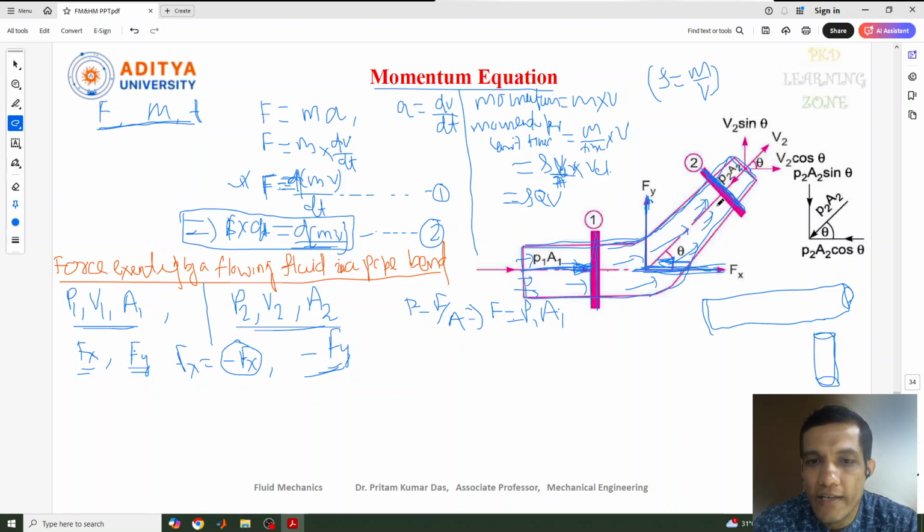And similarly at section 2, that is P2 A2, but it will be in the opposite direction of the fluid flow. That will give an impact on this second section, which is opposite in direction.